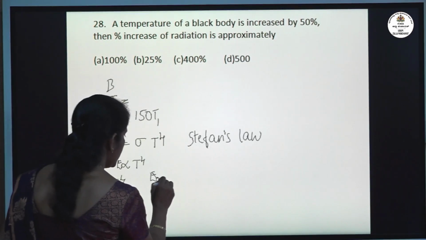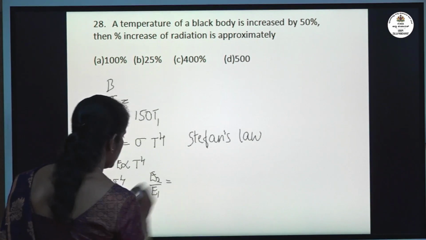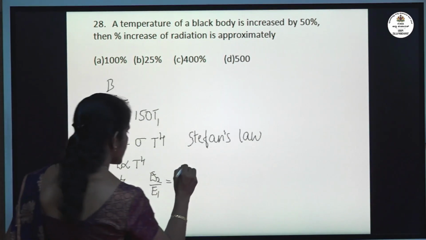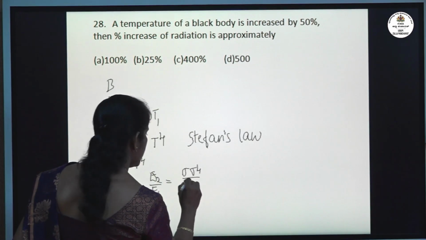Now E2 by E1, we can calculate this as sigma T2 to the power 4 divided by sigma T1 to the power 4.